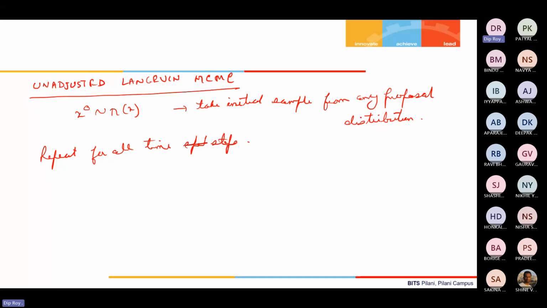Now here, X0 is just to start the Langevin dynamics, or Langevin sampling. So what we are going to do is, this is step 1, this is step 2, this is 2A. 2A is going to be to sample noise from a Gaussian.